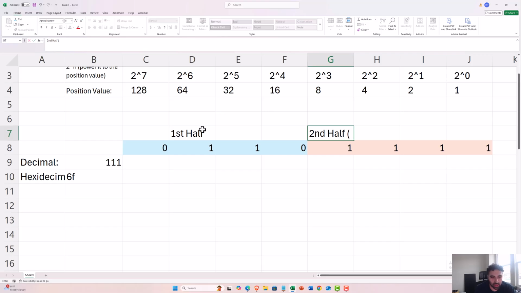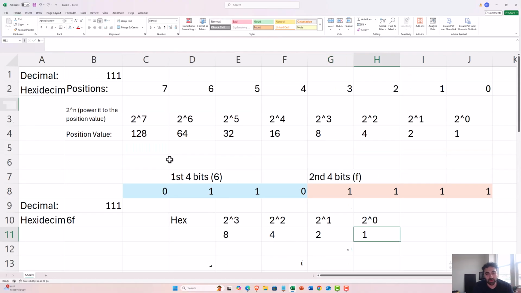First 4 bits, then second 4 bits. All right. So that's pretty much how you convert binary to hexadecimal.